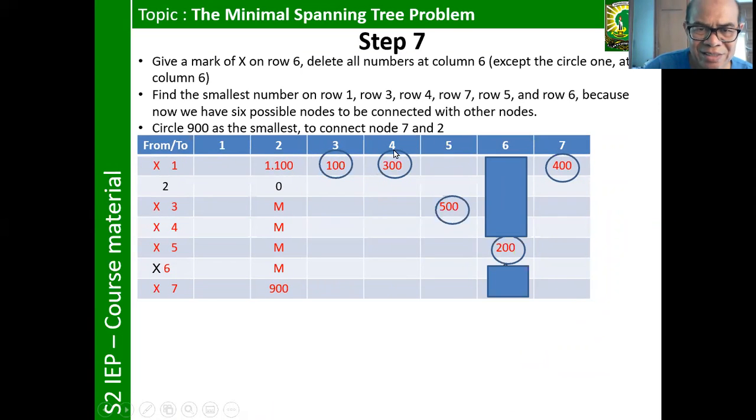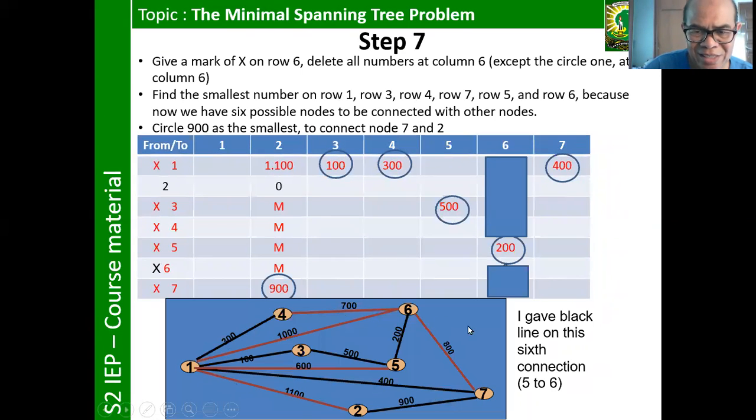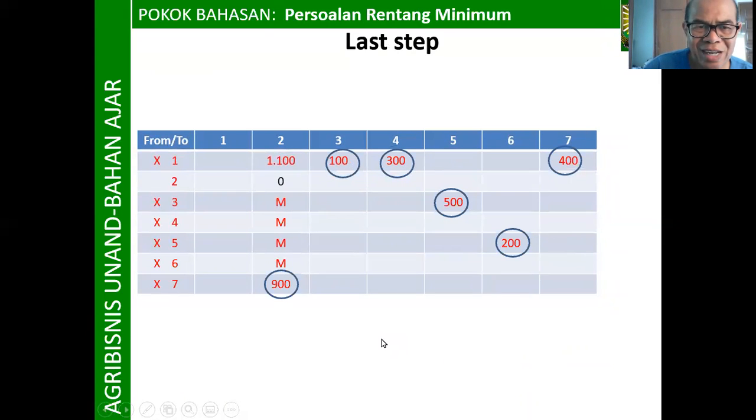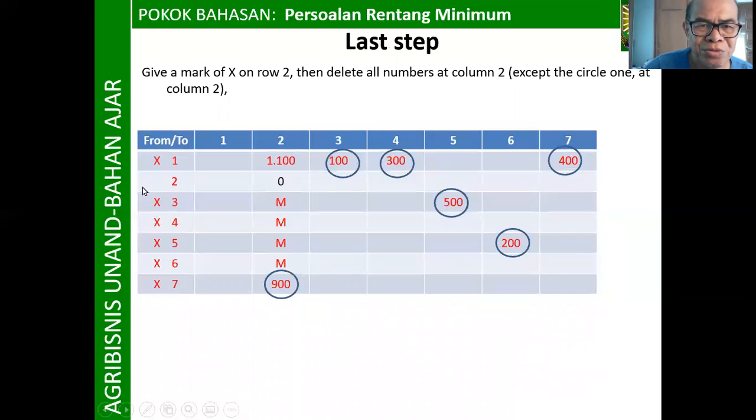Connect 7 to 2, the smallest. Now we have 7 to 2 as the 6th connection. The last is only finalizing. Mark 2 and delete whatever remains in column 2. Now we have the final result.